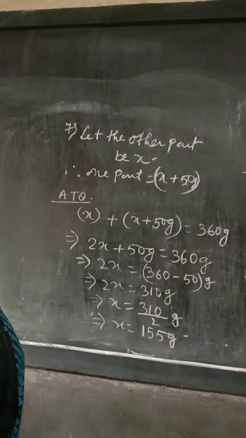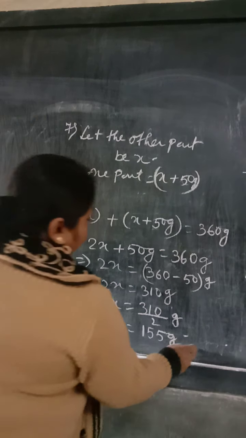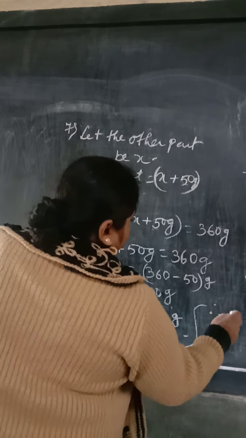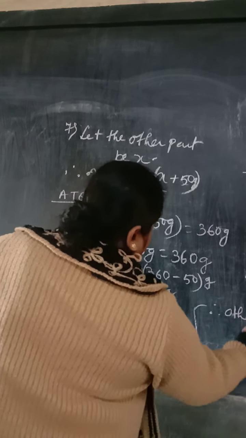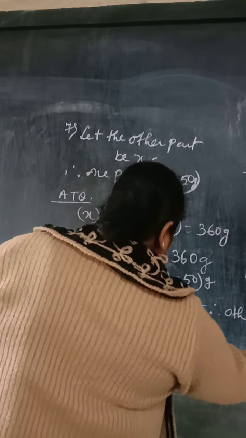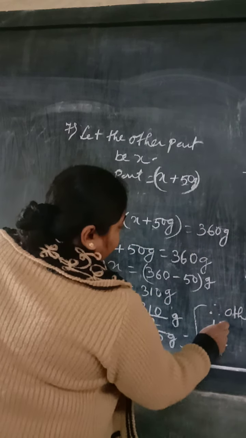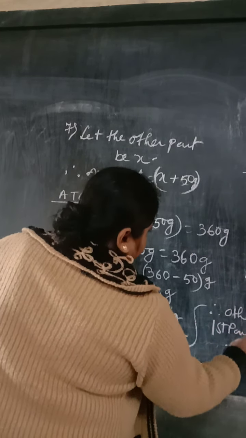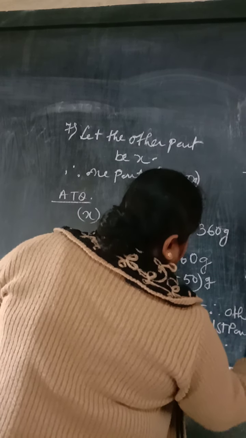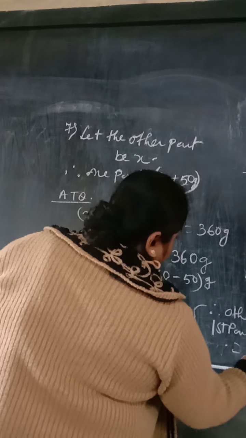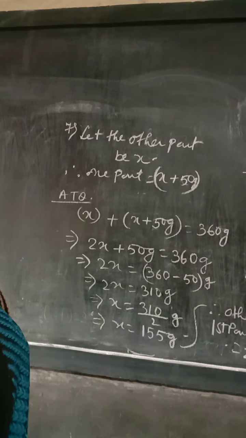So both the parts would be: the other part is 155 gram, and the first part is 155 plus 50 gram, 205 gram.